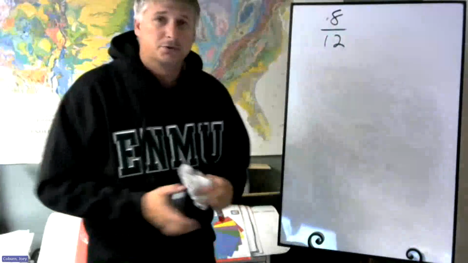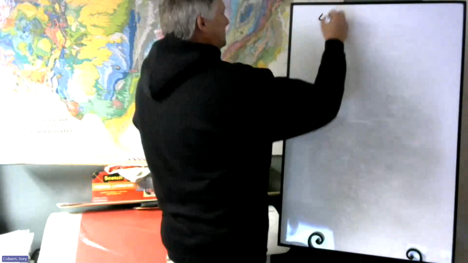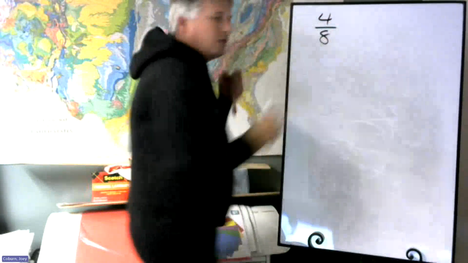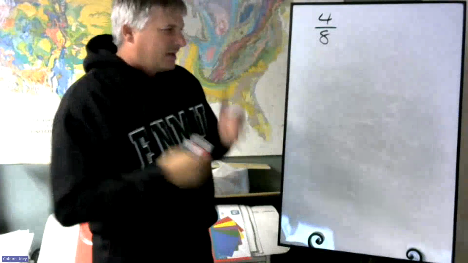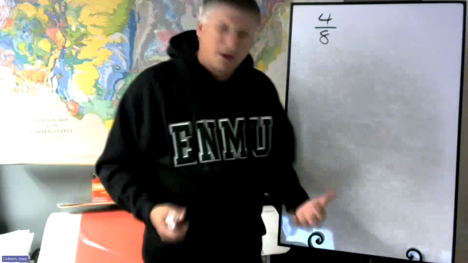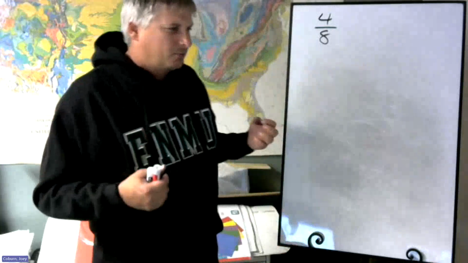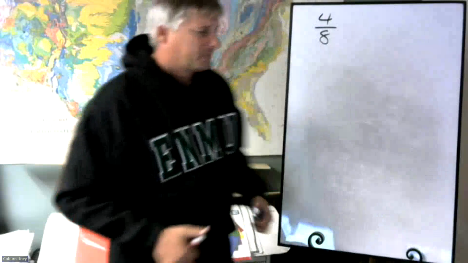This is the idea with reducing. So let's take a look. Let's go with 4 over 8. Now we know the simplest version is 1 over 2. How could we turn this into a 1 and turn this into a 2 somehow? Some sort of trick that will work for this fraction, but could also work for others.